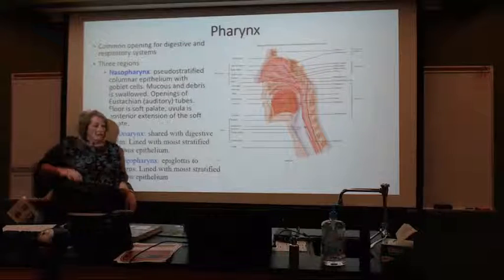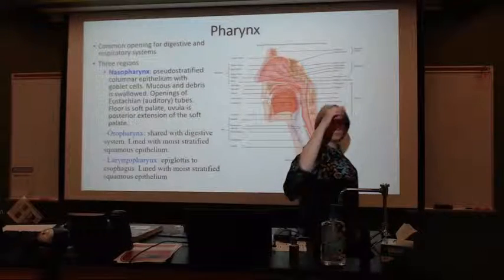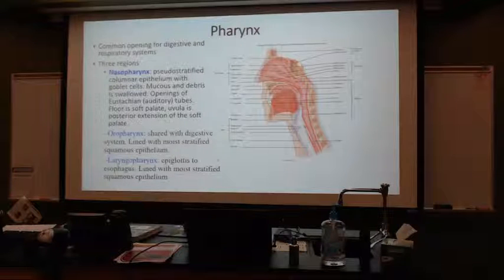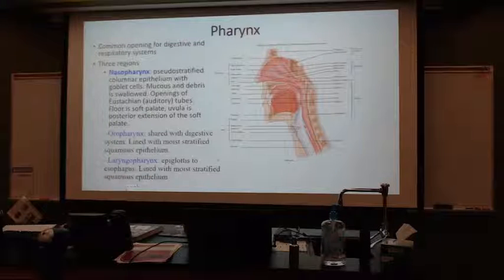Now, as we breathe in, this becomes important. One thing that we can't have happen in the structure of the lungs is debris making its way to the lung tissue.